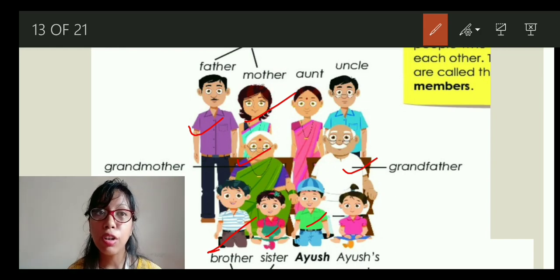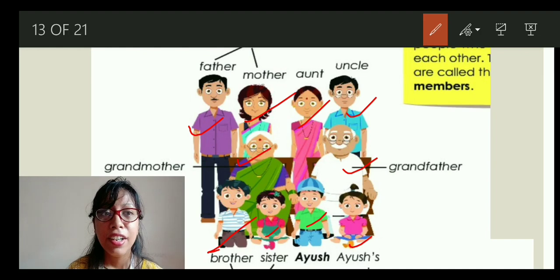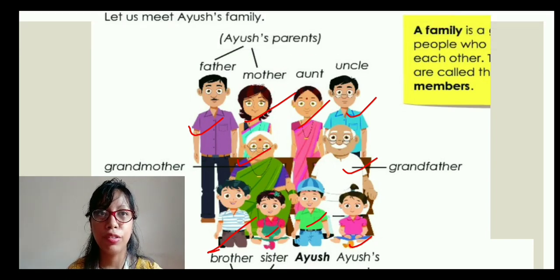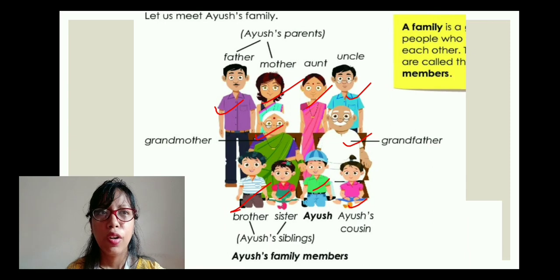Now Ayush also has an aunt. She is wearing a pink sari, and then the uncle is wearing a blue shirt, right? And Ayush also has a very little cousin who is wearing a pink top with a blue bottom. Now this is the family of Ayush, right? Can you tell me which type of family Ayush has?